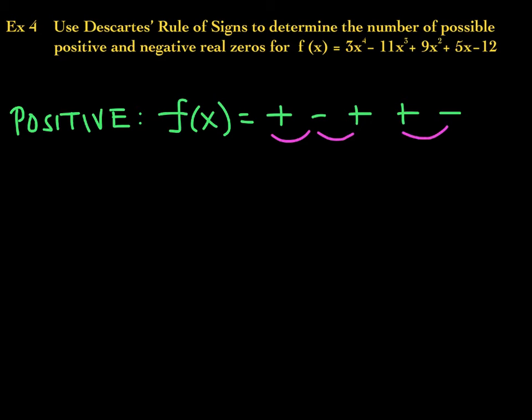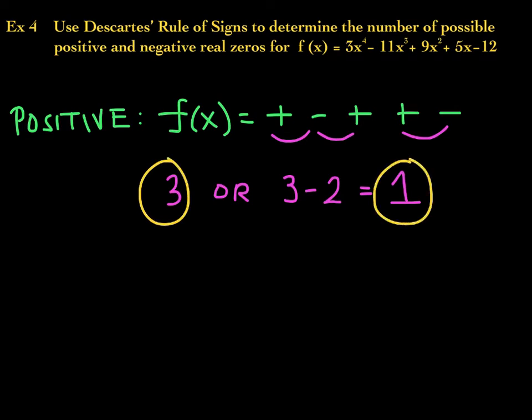So Descartes' rule of signs says that's exactly how many positive zeros you're going to have, or less than that number by a multiple of 2. So you will either have 3 or 1 positive zero. Those are your options. Now let's talk about negative zeros, okay?